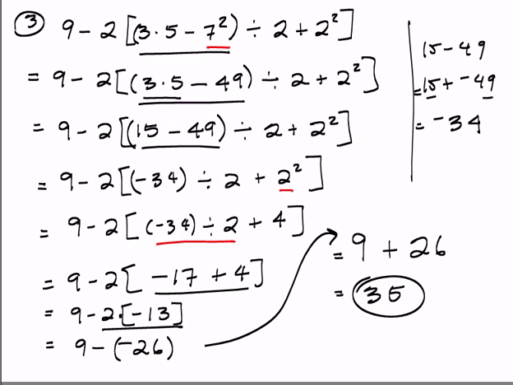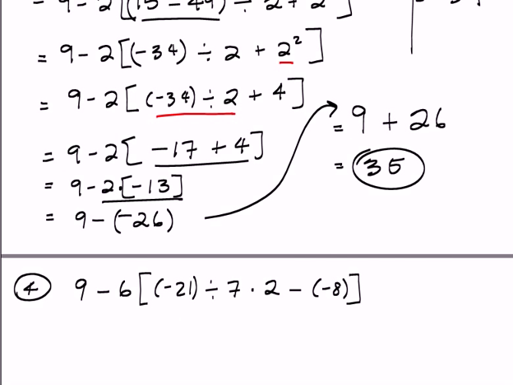Okay, the last one in this set. Let me set my time here. Okay, we've got 2 minutes. Let's try to do it. Ooh, it looks a lot like the last one. I am just going to underline, and I'm going to be quiet.